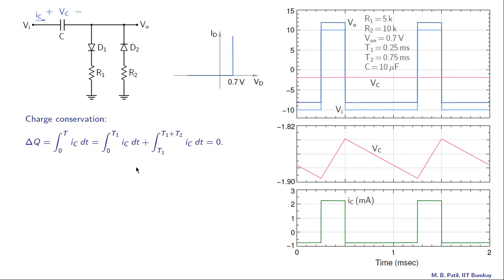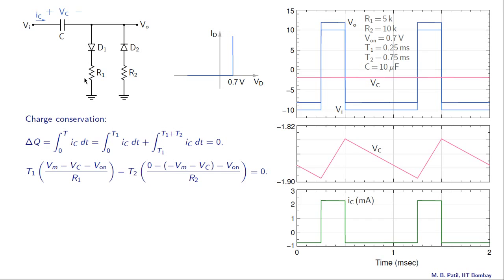Okay, so next, what is IC in this interval? It is plus Vm minus Vc and minus Von, the voltage drop across the diode, divided by R1.